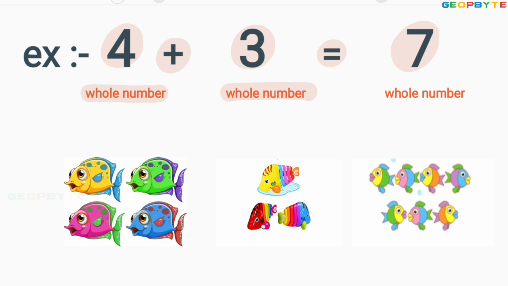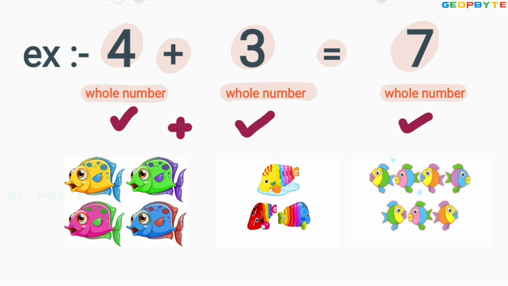The sum of 4 and 3 is 7. 7 is also a whole number. So, a whole number plus another whole number is also a whole number. Therefore, the whole number is said to be closed under addition.